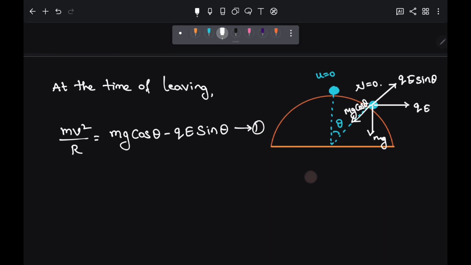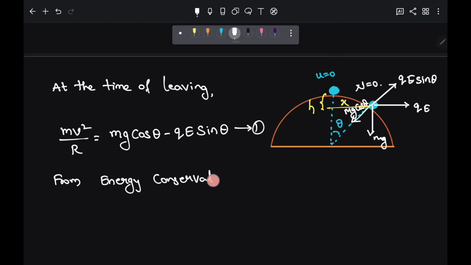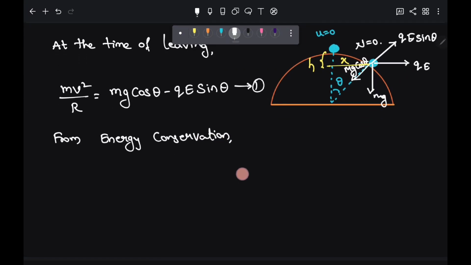Now if we conserve the energy, it comes down by h height, and it also moves x distance in the horizontal direction under the action of QE. From the work energy theorem, the change in kinetic energy is equal to the net work done.